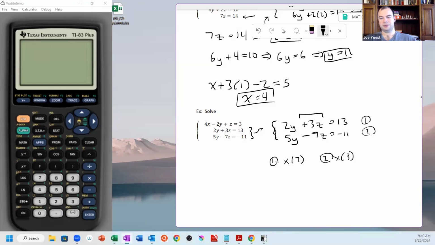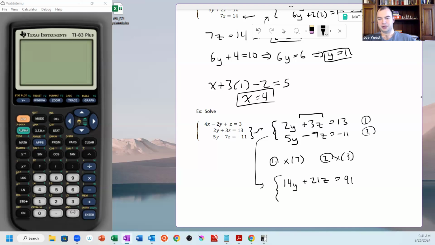So equation 1 multiplied by 7 gives me 14y + 21z = 7 times 13. That's 70 plus 21. I think that is 91.